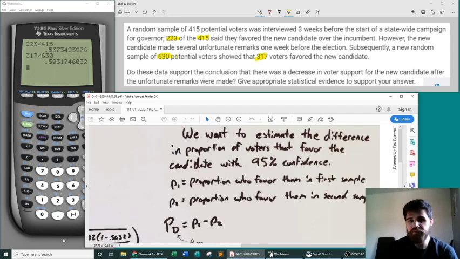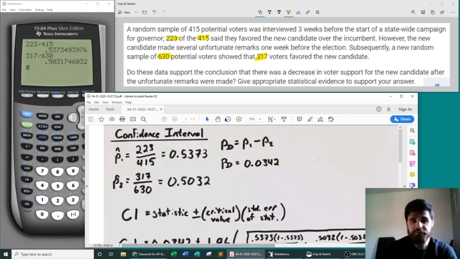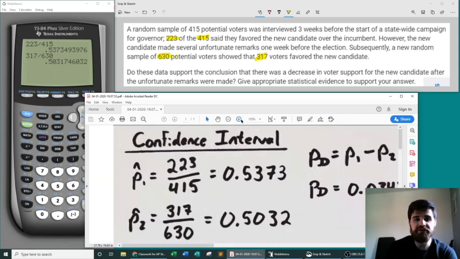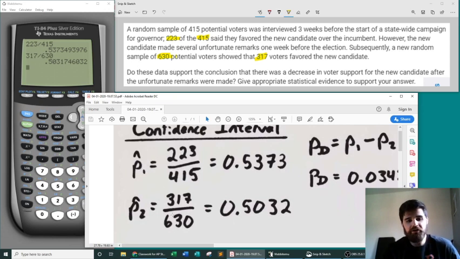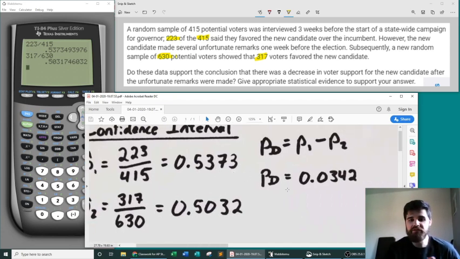Okay, so our do step, we want to actually find our proportions. I did this in the calculator, but we want to get it on the page as well. So I've got my 2 sample proportions, and I want to find p D. Remember, this represents the difference in proportions, hence the D, which is about 3.5%. So I just did this number minus that number, got this number.